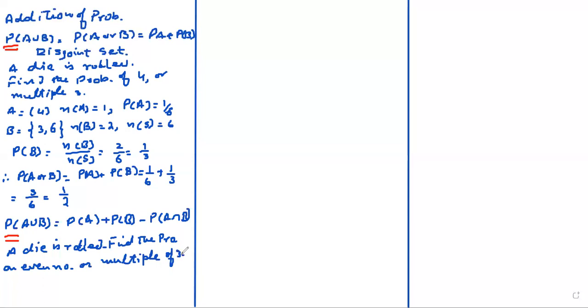So now these are the two events. First event is even number, and the second event is multiple of 3.